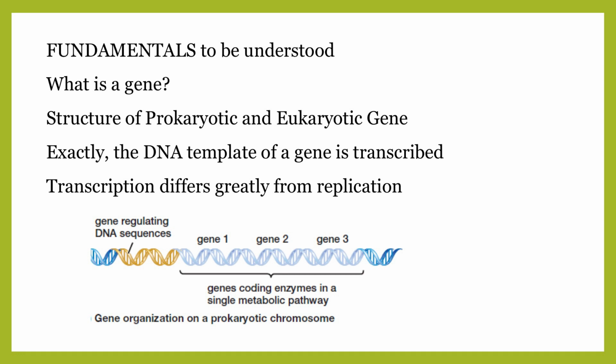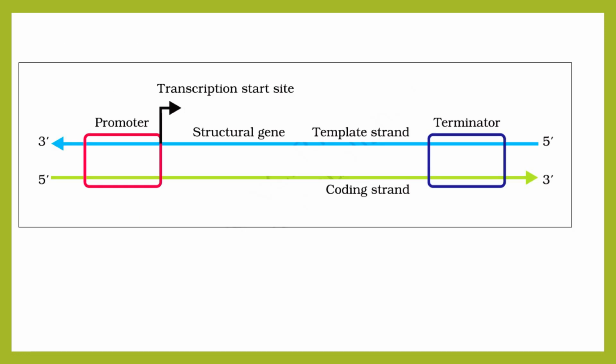Now, because in our syllabus transcription in E. coli or the prokaryotic system is mentioned, that should be explained well. So, now a gene has a regulatory region which is called the promoter, and the structural region which undergoes transcription. So, the template strand of the structural region undergoes transcription.